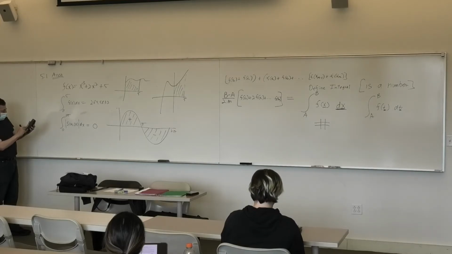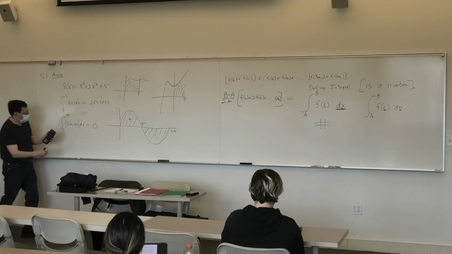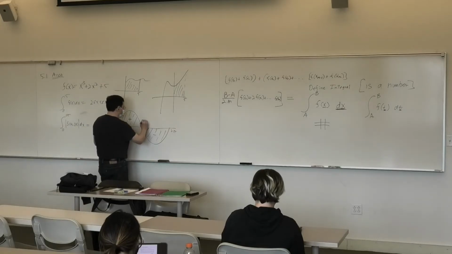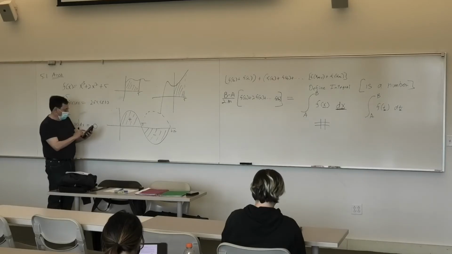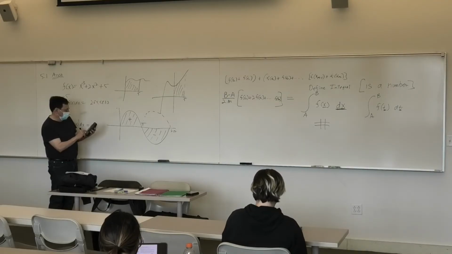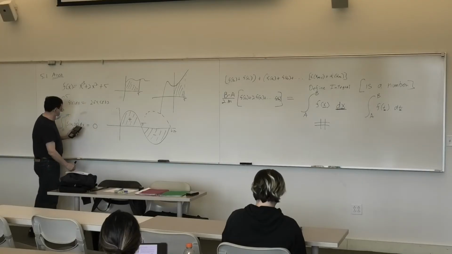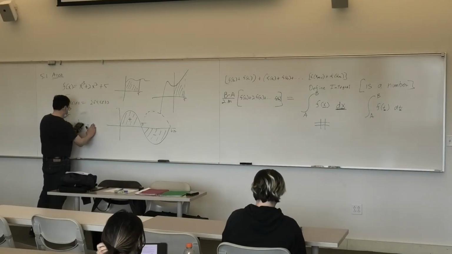Absolute value of sine of x, and I get a little function that looks like that. Calculate 7, 0, 2 pi, and instead I get 4.